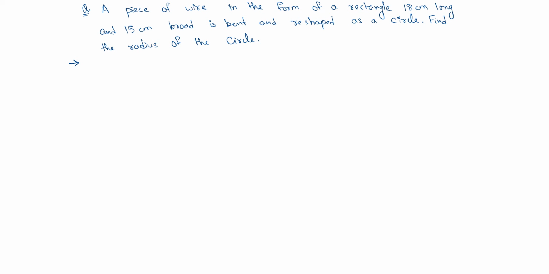That is, a piece of wire in the form of a rectangle. So you have a piece of wire. Suppose you have this wire. Now using the wire you are going to form a rectangle. So using that wire you formed the rectangle. Okay, so this is the rectangle you have formed using the wire. So where is the wire?